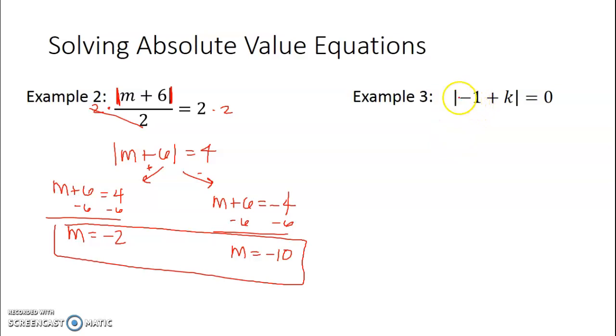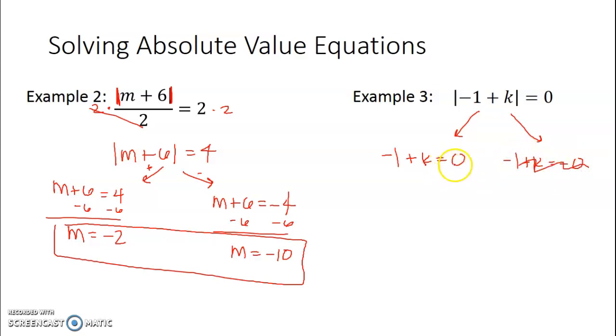On example 3, first thing I need to do is get my absolute value by itself. It already is. I'm then going to split this into 2 equations. So -1 plus k equals 0, and -1 plus k equals -0. There is no such thing as a -0 though, so I don't actually need this equation.